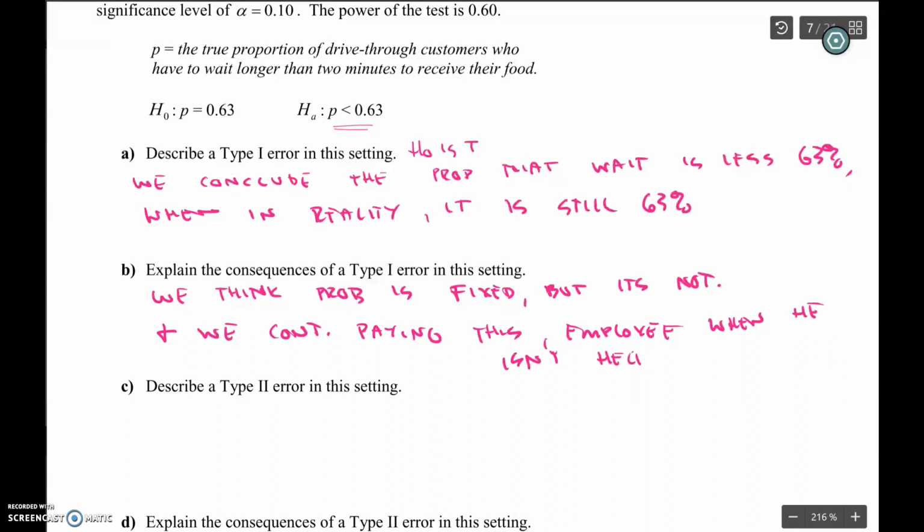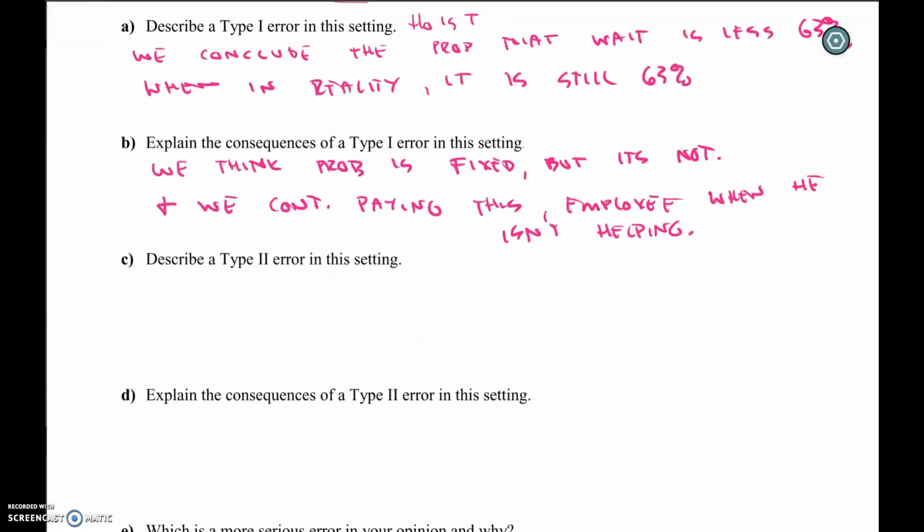So these are kind of bad, right? We're wasting money on an employee that's not effective. It's not the employee's fault, but hiring an extra employee didn't change things. We're not necessarily blaming the employee. And also, we think the problem's fixed, but it's not. So we're not going to try to find other solutions because we think it's fixed.